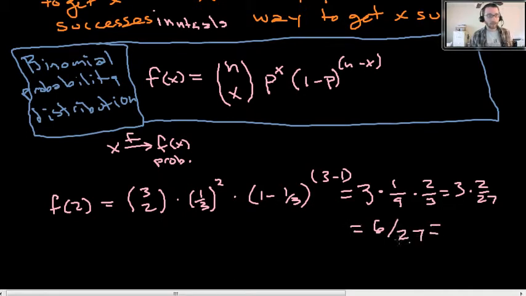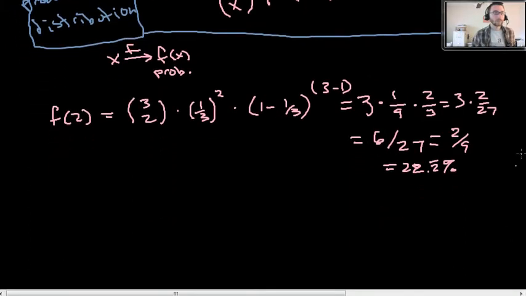If you want to reduce that, you can. That is 2/9, which is 22.2%. I'm doing that math in my head, so hopefully that's correct.